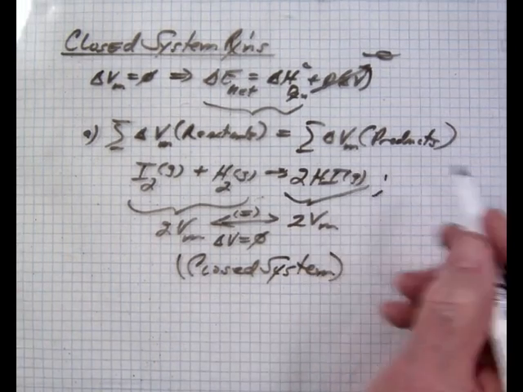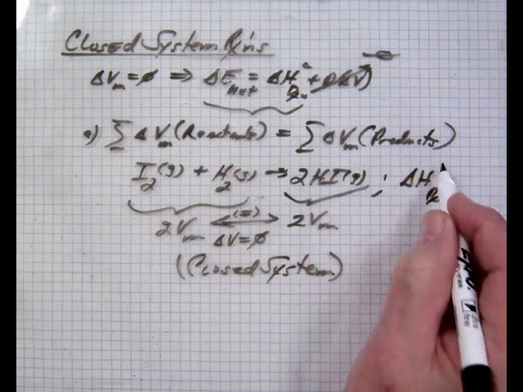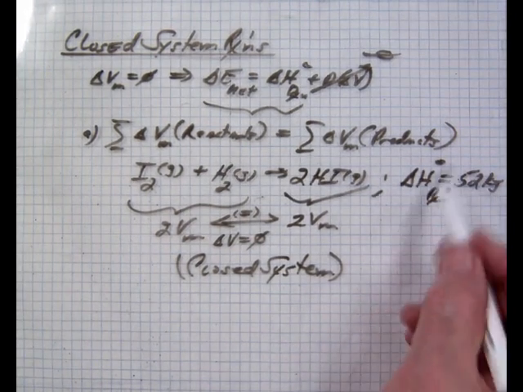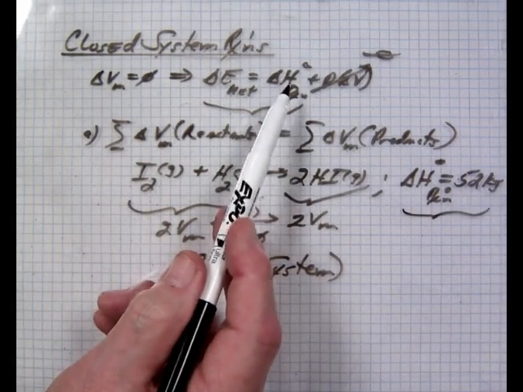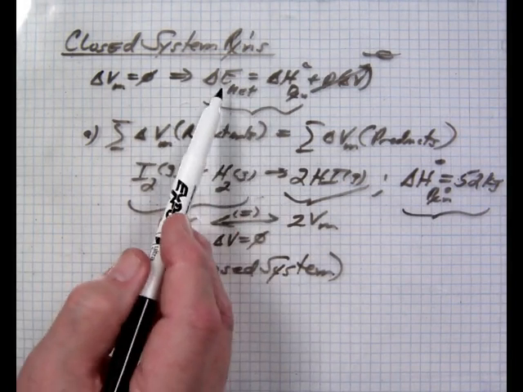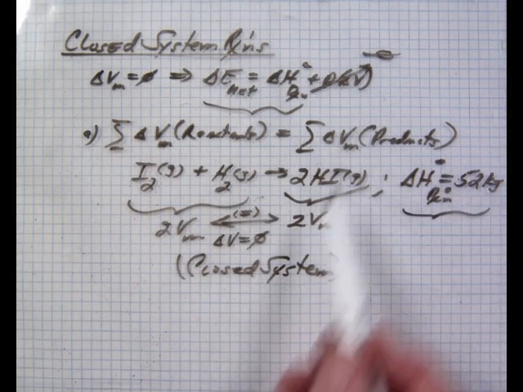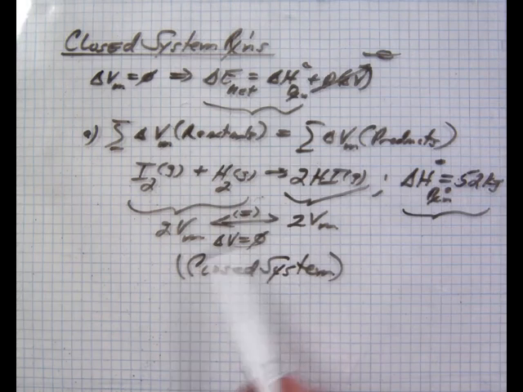Now this will have, and I don't know what it is, delta H of reaction. So you'll see this is both the heat of reaction and the net change in internal energy. Since volume change is equal to 0, work is equal to 0, and so that's one case in a closed system.